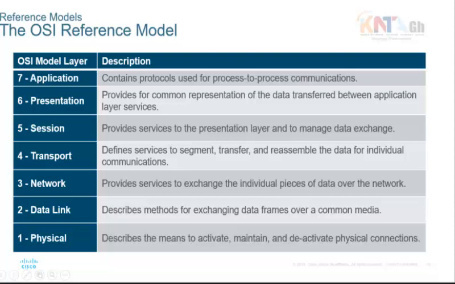When you remember the "please," you know that it's physical and it's at layer 1. When you remember the "do," you know it is the data link layer, "not" is the network layer, and then "throw" is the transport layer, and then the session layer, which is "sausage," and then the presentation layer, which is "pizza," and then the application layer, which is "away." So: please do not throw sausage pizza away.